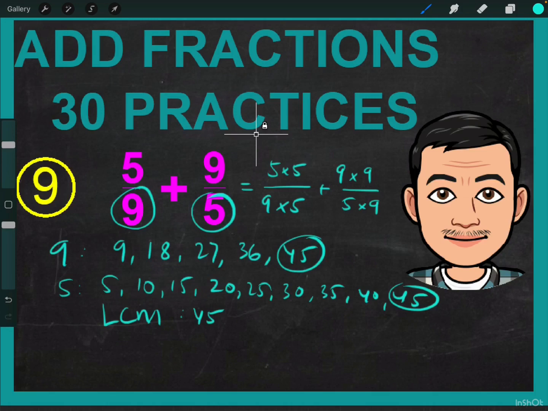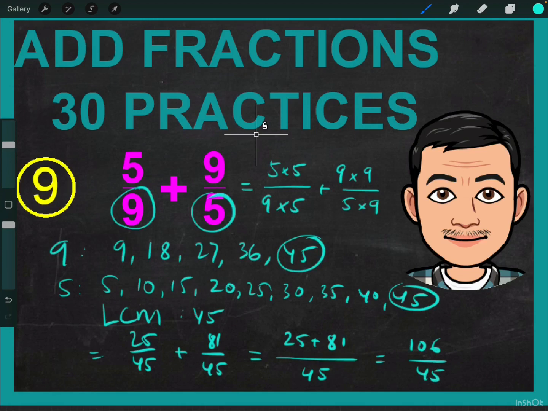So we come out to 25 over 45 plus 81 over 45. Now the two fractions have the same denominator. We just only need to add 25 and 81. So the answer is 106 over 45.